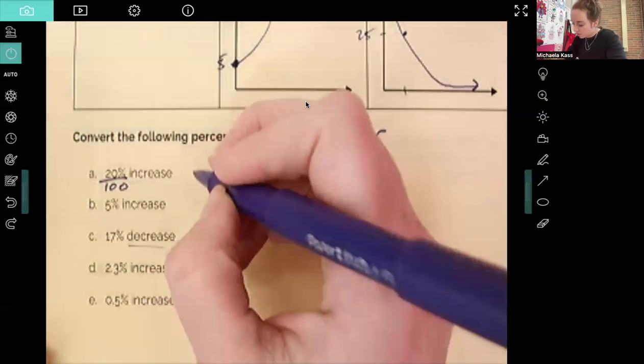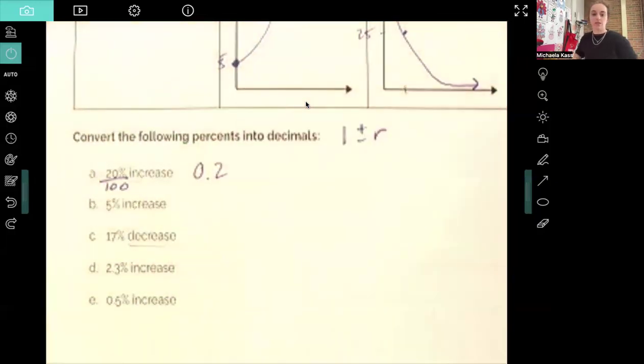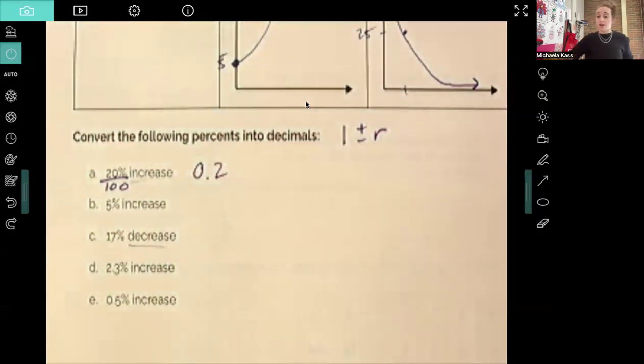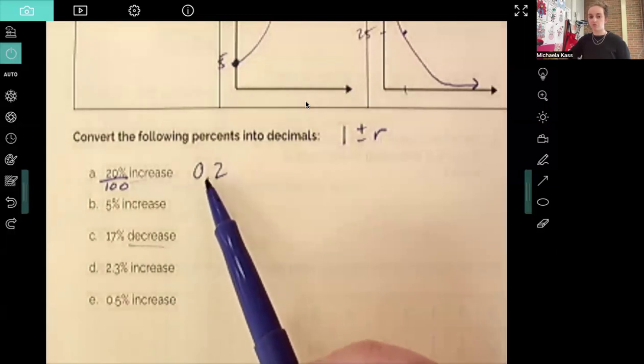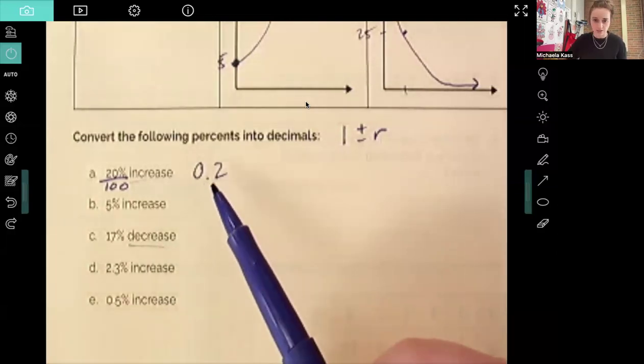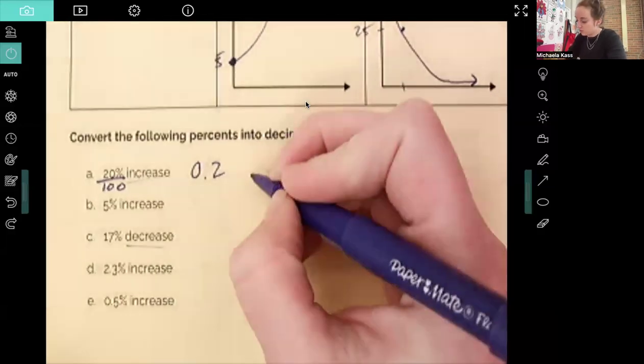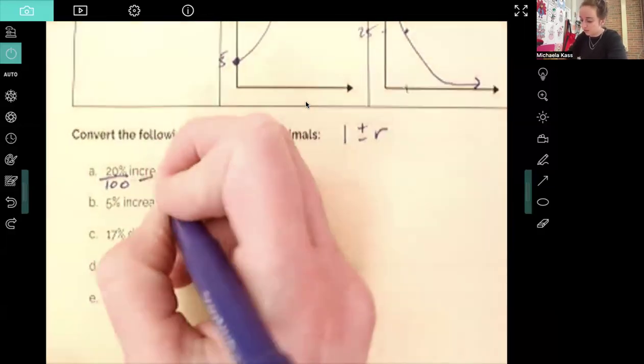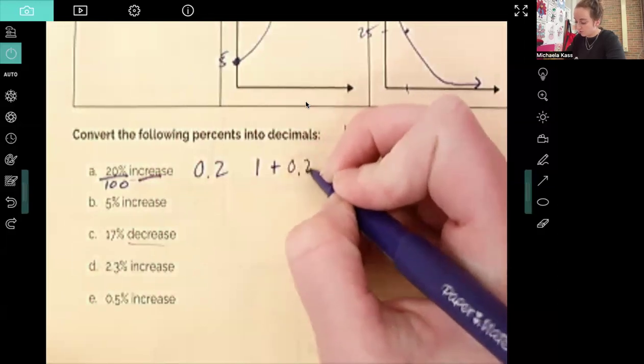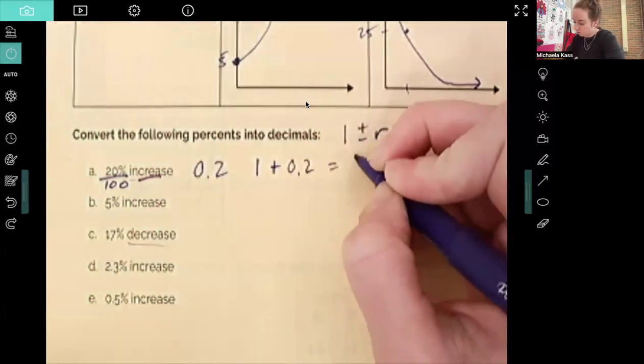So that changes to 0.2 as a decimal. Remember, if something's increasing, it has to be greater than 1. Right now I'm saying my growth factor is 0.2. That doesn't make sense. It has to be larger than 1. So we put a 1 in front and do 1 plus 0.2, because it's increasing. And 1 plus 0.2 is 1.2.